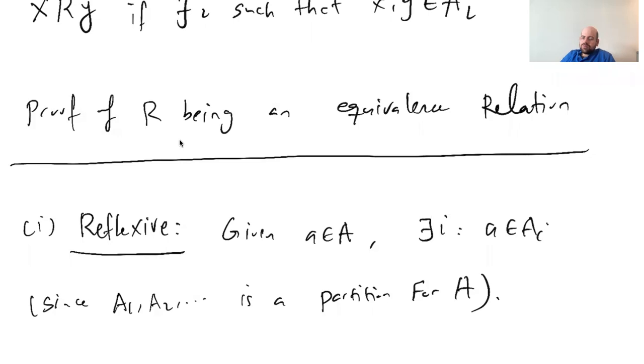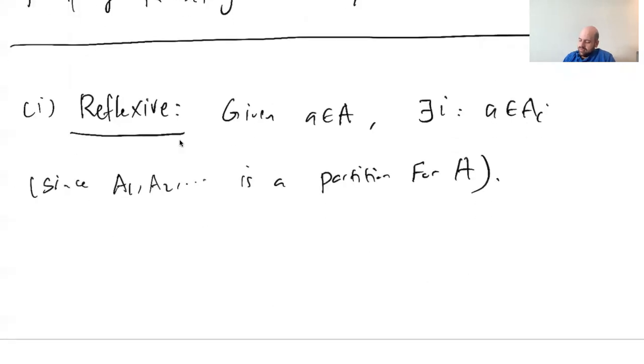Because we have a partition, the union of all the Ai's is the whole A. So if I have some element a in A, it has to be in one of them, because the union of A1, A2, and so on is the whole A. So small a has to be in at least one of the Ai's. So then a and a, both of them are in Ai.